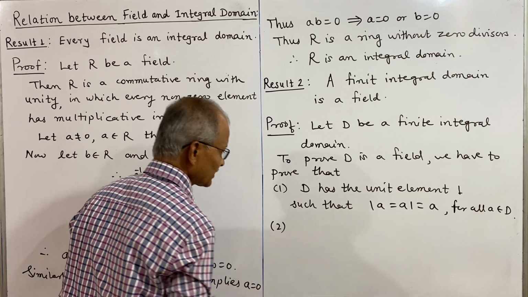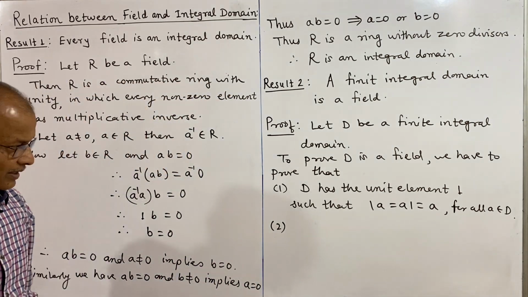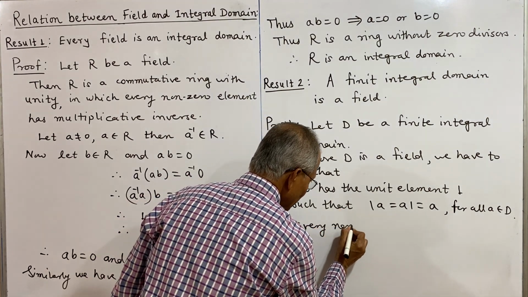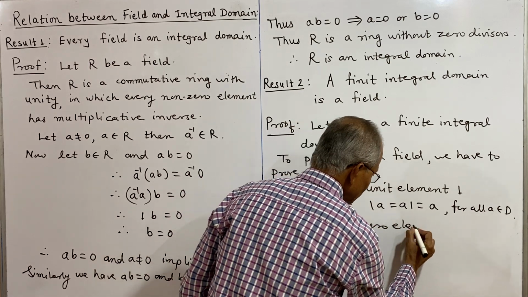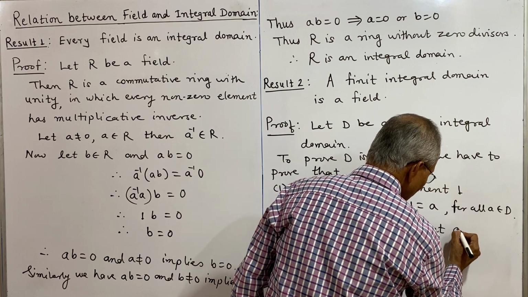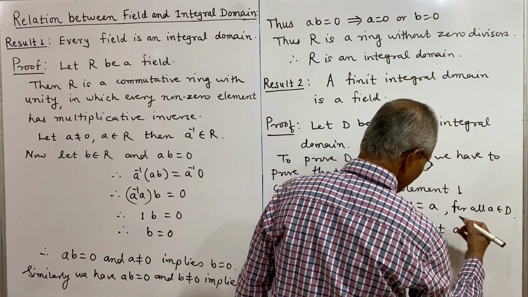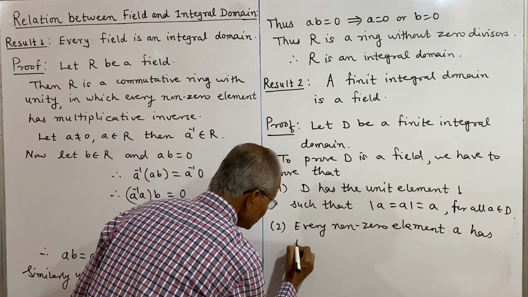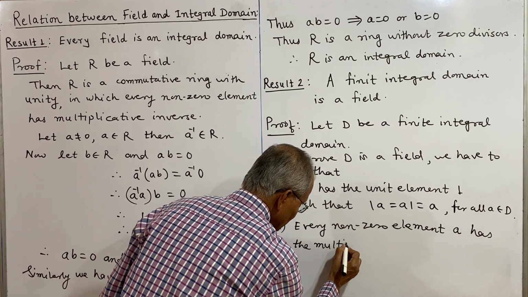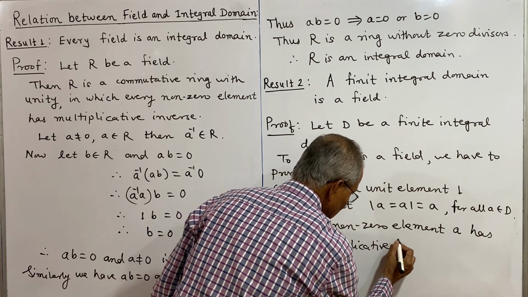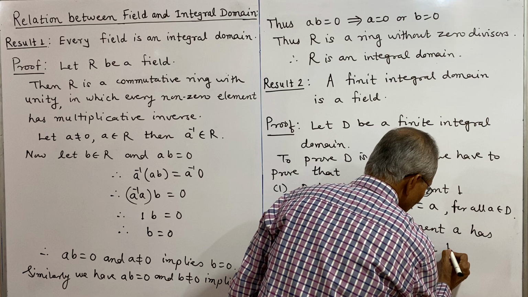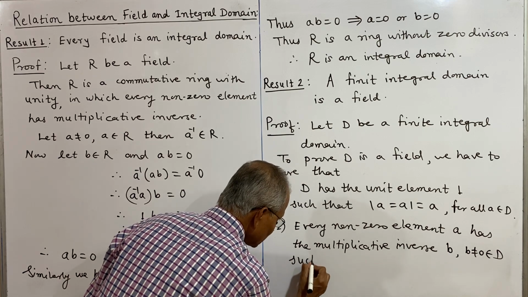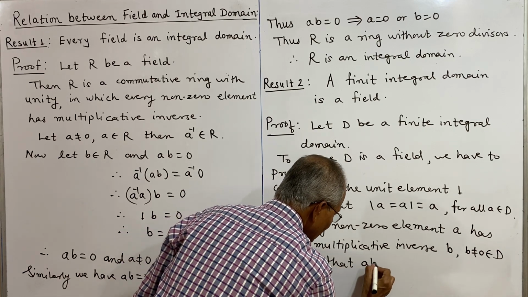It has a unit element, and second, every non-zero element A has a multiplicative inverse B, B not equal to 0 belongs to D, such that AB equal to 1.